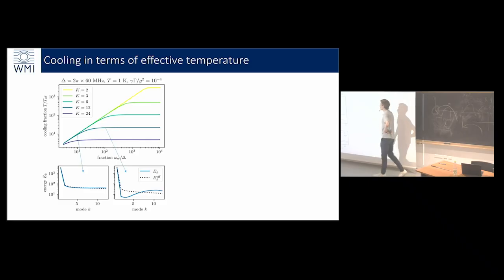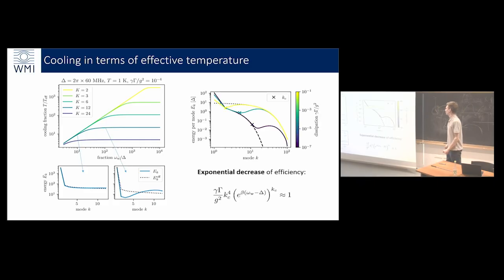The big problem which you encounter is if you look at how many modes we can use. So the yellow line is for just 2 modes, and then we increase the mode number in the waveguide. And you see this cooling effect rapidly decreases. And we can understand this problem if you look back at the distributions and realize that the point until which the modes are thermalized with respect to the cold temperature scales exponentially with the dissipation.